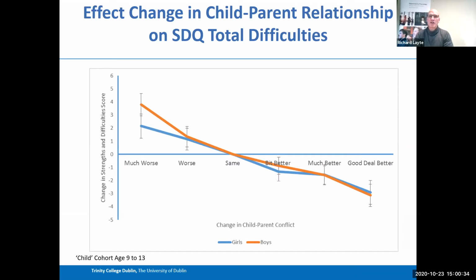And you can see here that as the level of child-parent conflict goes down, it gets a good deal better. This is all taken out of a structural equation model that I estimated using the regressor variable approach. And you can see that you get an estimate that shows that the level of SDQ declines as the parent-child conflict goes down, okay?